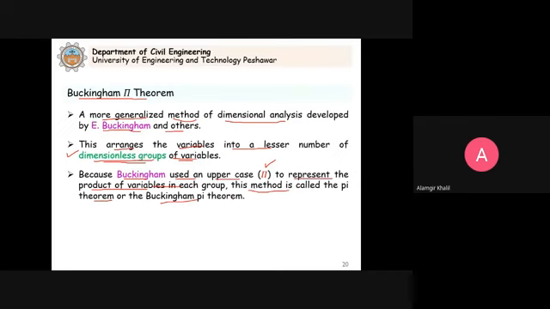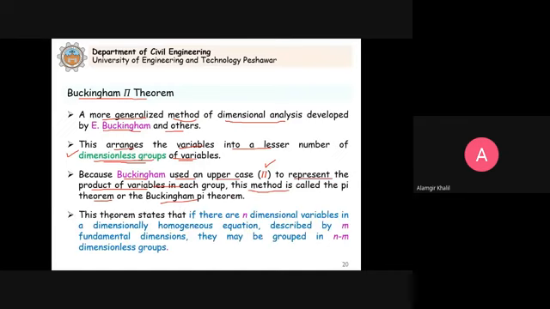So this theorem states that if there are n-dimensional variables in a dimensionally homogeneous equation, see PDH, principle of dimensional homogeneity, which is written in your textbook. So this is the foundation for these methods of dimensional analysis.